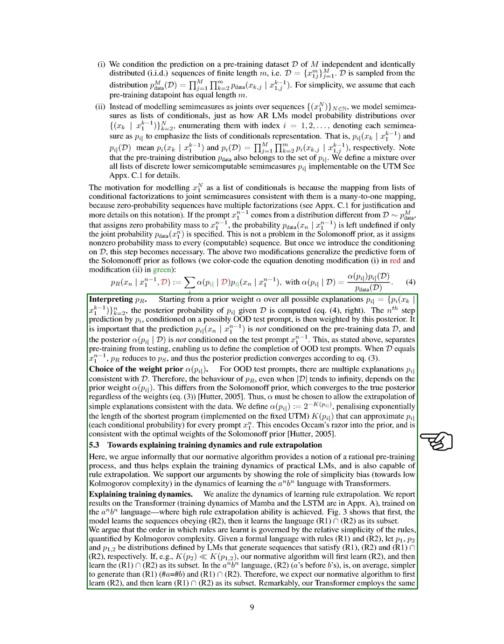Section. Starting from a prior weight α over all possible explanations P_I, where P_I(X_k | X_1^{k-1}), k = 2 to N, the posterior probability of P_I given D is computed.